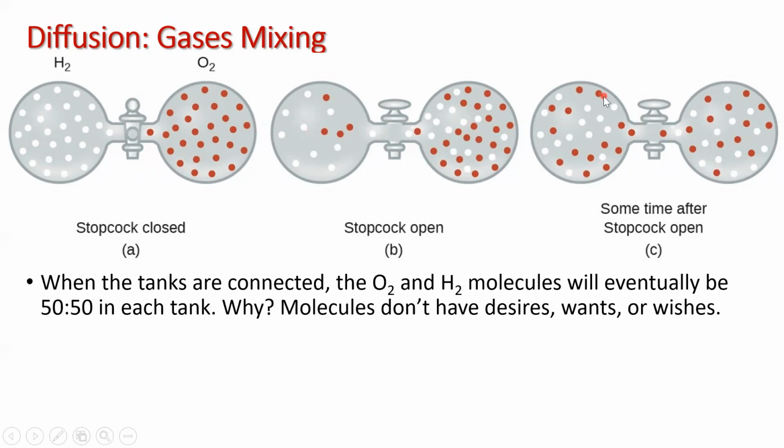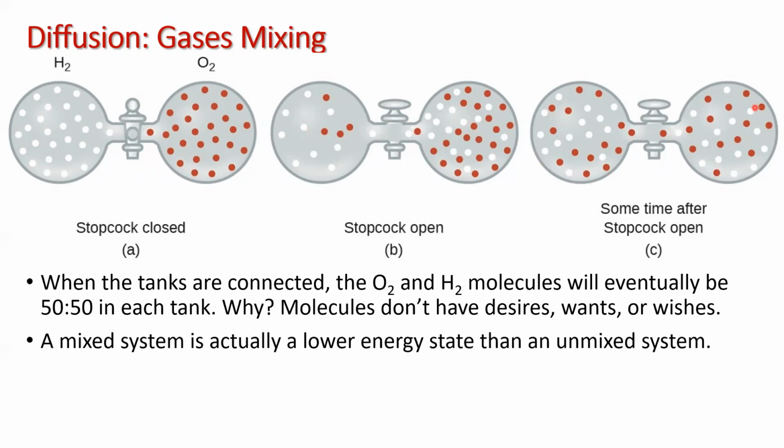Eventually, the molecules are going to be evenly distributed in the two containers. And it's not because they want to do that or desire it. It's because mixed systems are at a lower energy than when they're not mixed together.